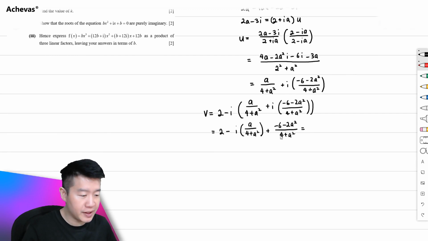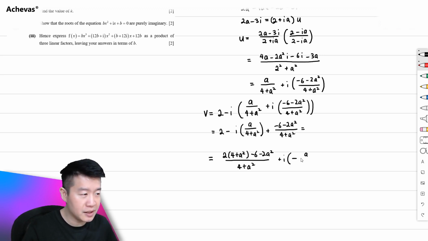So I'm going to try to combine these two together. So we have 2 multiplied by 4 plus a square, then minus 6 minus 2a square divided by 4 plus a square, plus i of this negative, I'm going to bring it in.